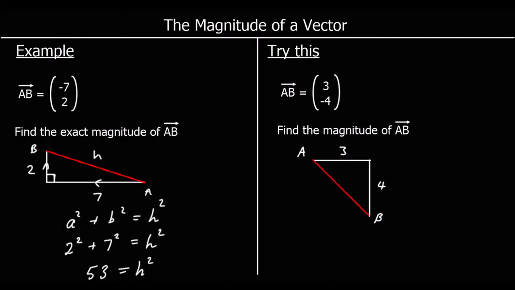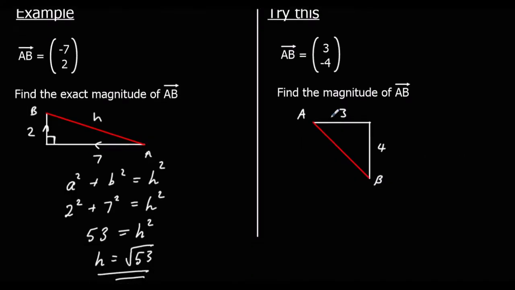So again, we're using Pythagoras. a squared plus b squared is equal to the hypotenuse squared. We're finding the hypotenuse. So we've got 3 squared plus 4 squared equals h squared. 3 squared, we can use the calculator, but 3 squared is 9 and 4 squared is 16.